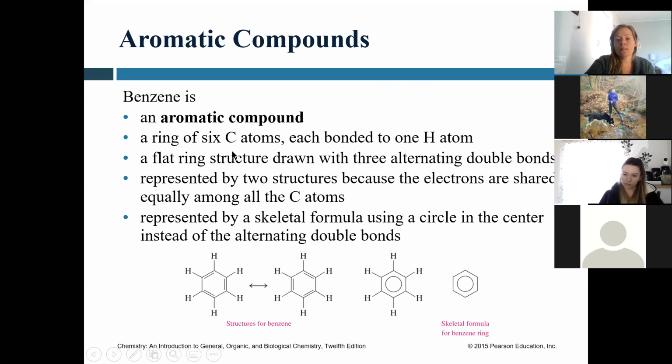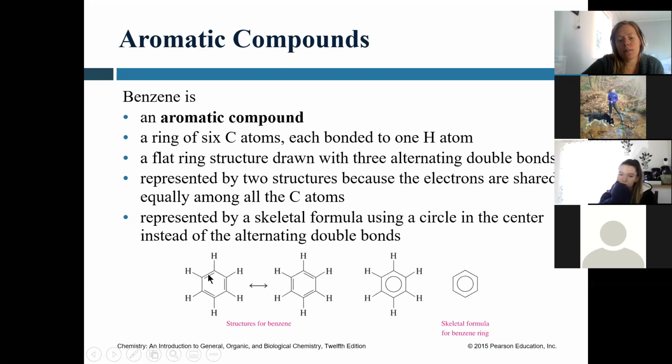We're going to have 6 carbon atoms, each bonded to 1 hydrogen, and then there is going to be alternating double bonds. Sometimes this is written with the double bonds here, one here and one here. Or they could alternate.